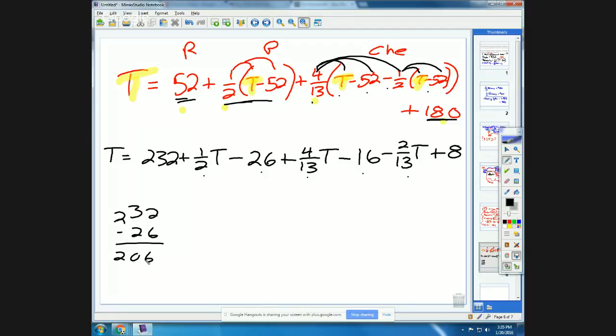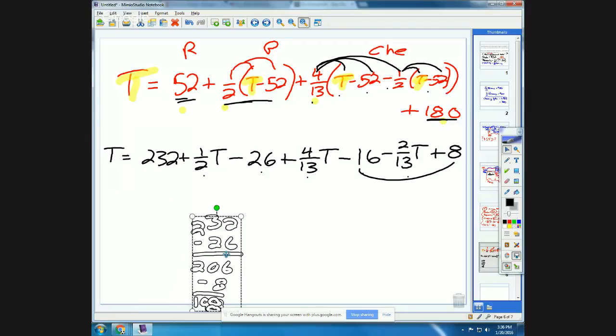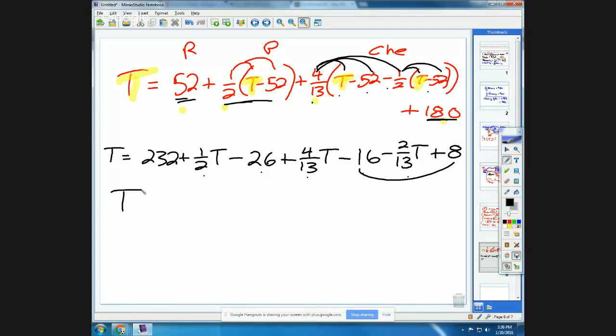And then minus 16 plus 8, I could really consider that a minus 8 altogether. So taking away 8 from that gives me a 198. So let's drag that out of the way. So the constants add up to 198. And now I have all these fractions to deal with the t.